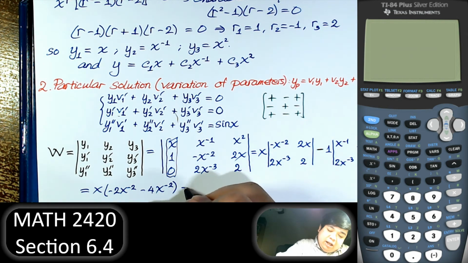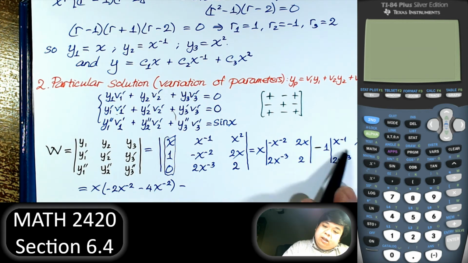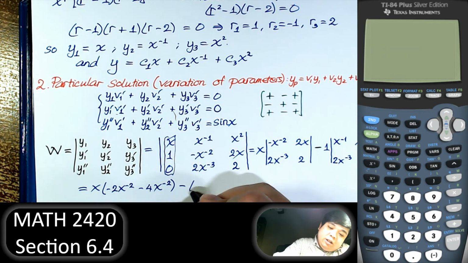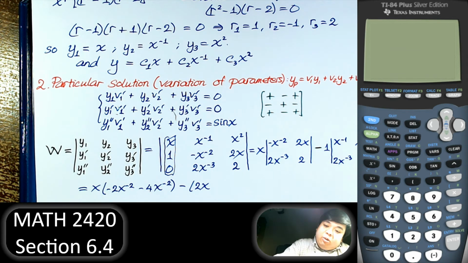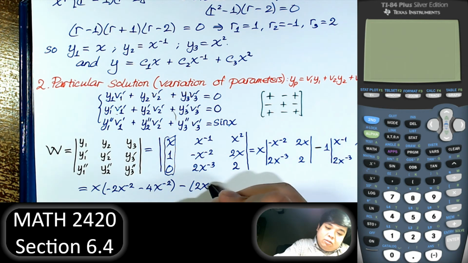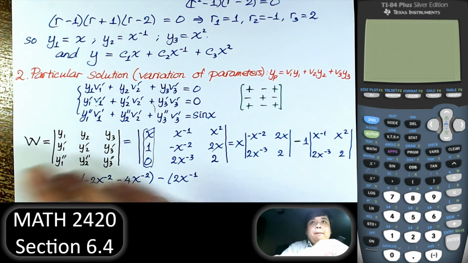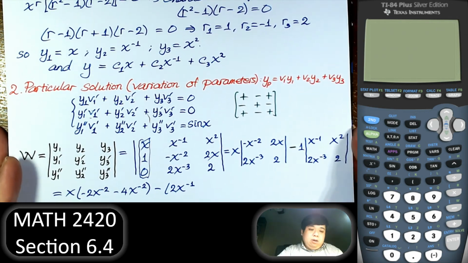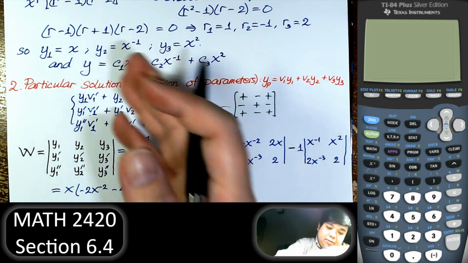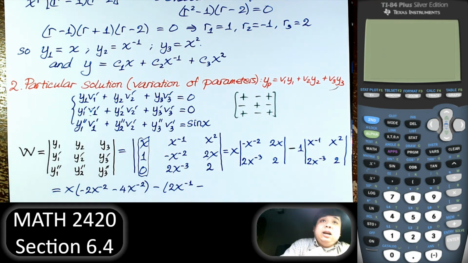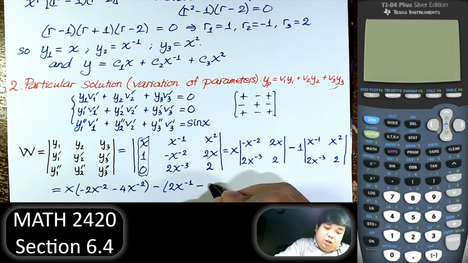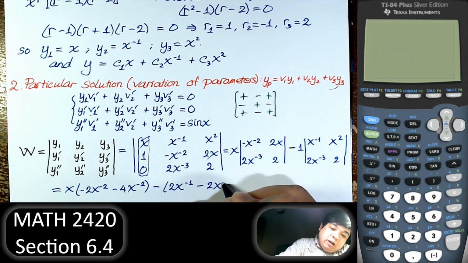Then minus, this gives us 2x to negative 1, minus 2x to negative 1.